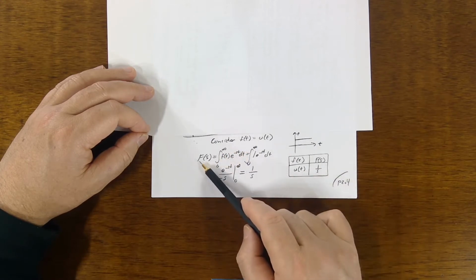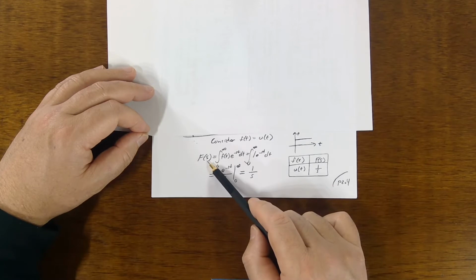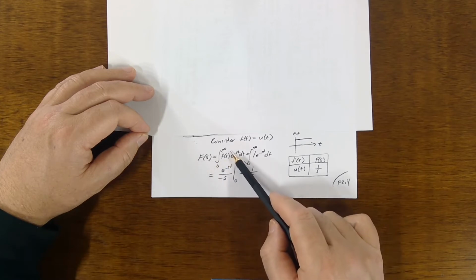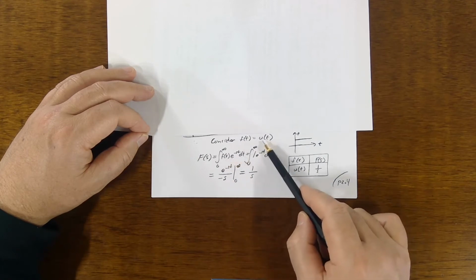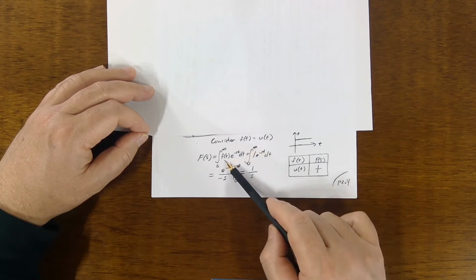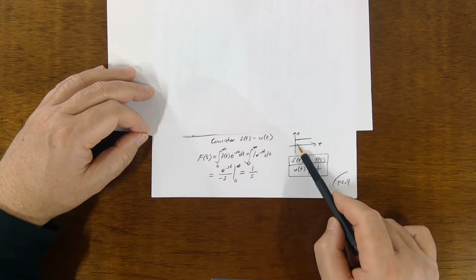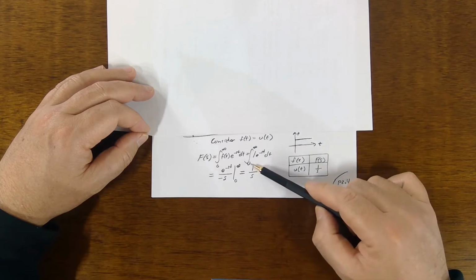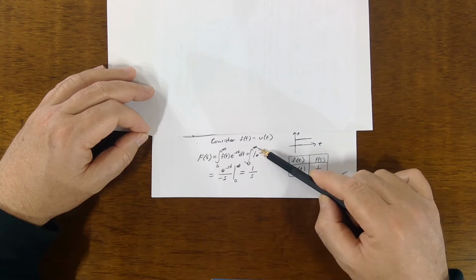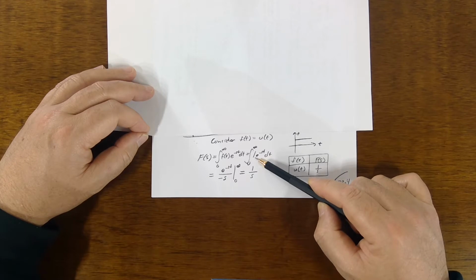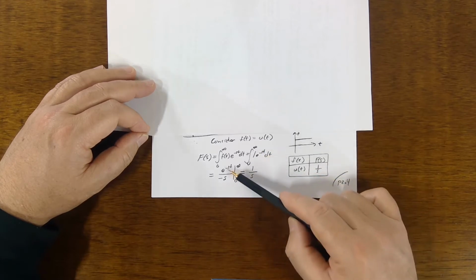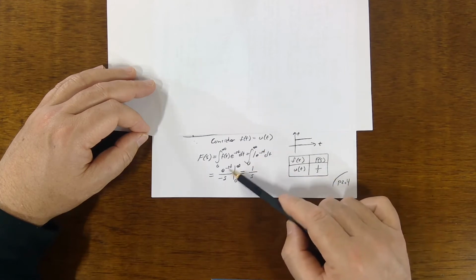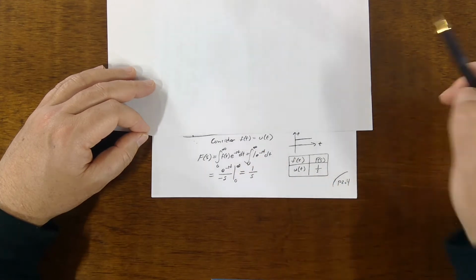So big F of s will be this big integral here, f of t e to the minus st dt, where f of t is the step function. Okay, the step function is 1 after 0, and we're only integrating from 0 to infinity. So we can just use 1. Right, the value of the step function is 1 from 0 to infinity. So you put that in there and do the integration and plug in the limits of integration, you get 1 over s.